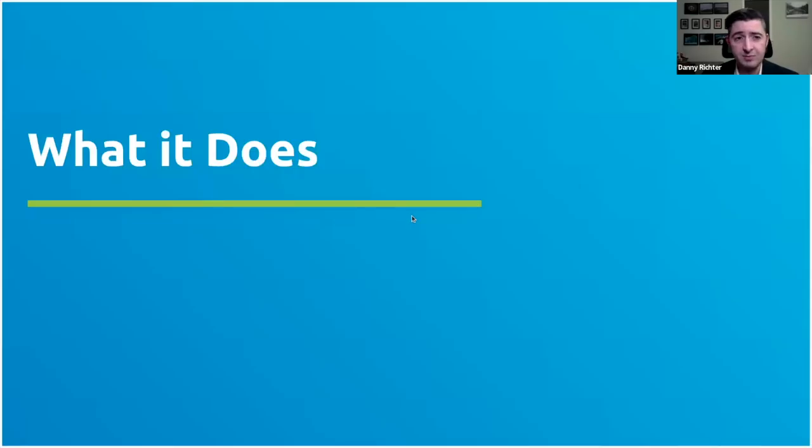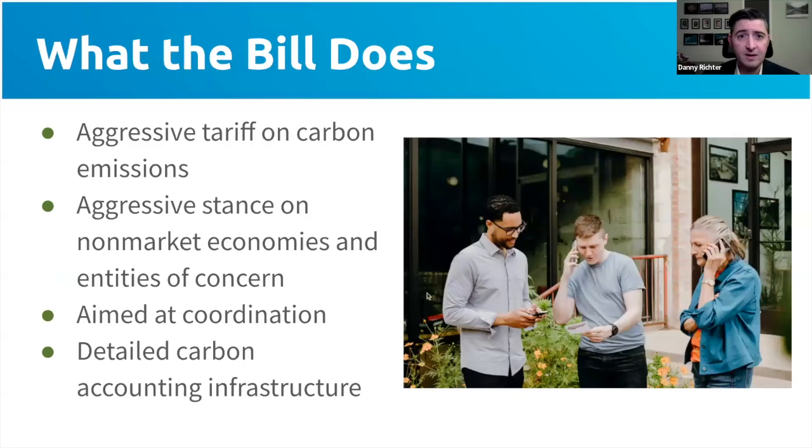So what does the Foreign Pollution Fee Act do? Well, it's got four main parts that I'm going to talk about, four main goals, really. It creates a really aggressive tariff on carbon emissions. It takes an aggressive stance on non-market economies and foreign entities of concern.